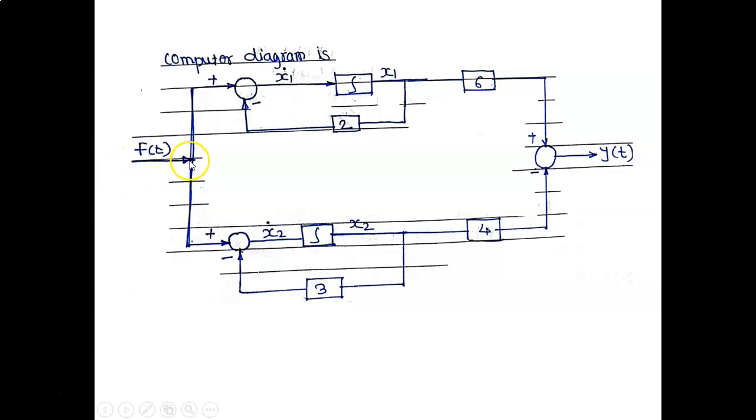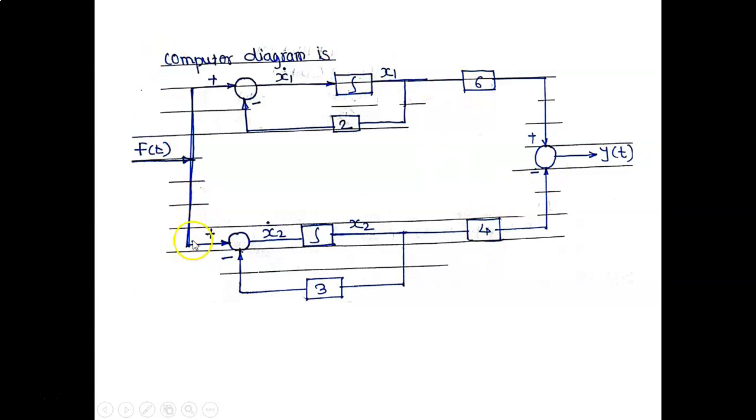See that the f(t) signal is common. It is fed to the two summing points. Since this is parallel programming, two parallel loops will be there like this. From the first summing point, the output is x1 dot, and its integration is x1. Again it is fed to this element 6, and again a summing point is there, so that y(t) is equal to 6x1 minus 4x2.